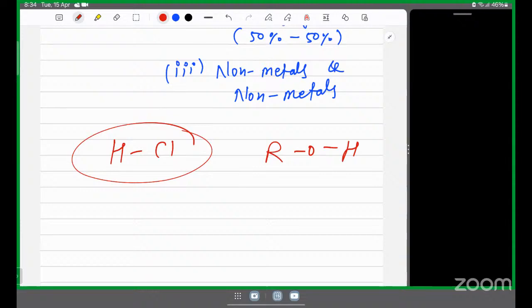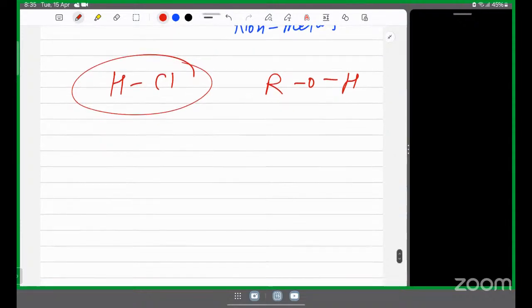Right? Melting points of ionic compounds are way greater than melting points of covalent compounds. There are some exceptions also. For example, diamond is an exception in this. Diamond has a high value of melting point and boiling point. Understood or any doubt?